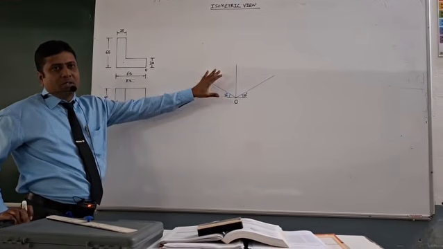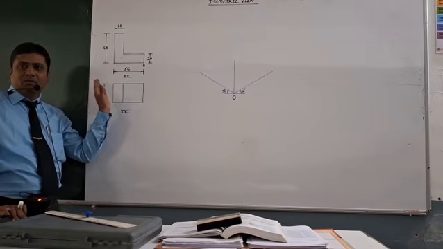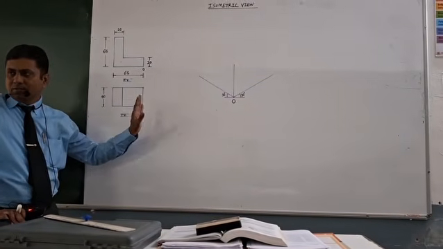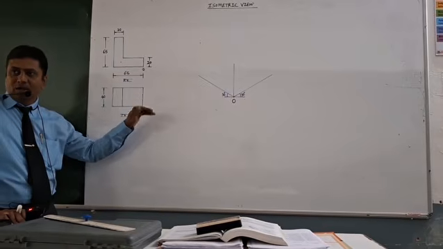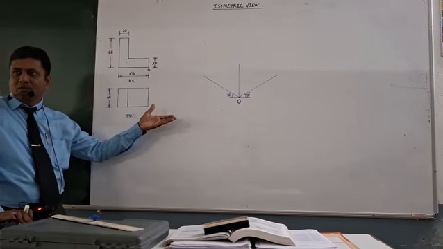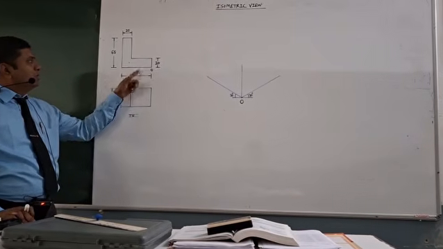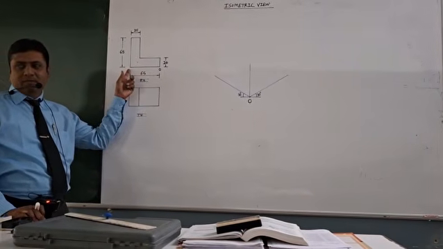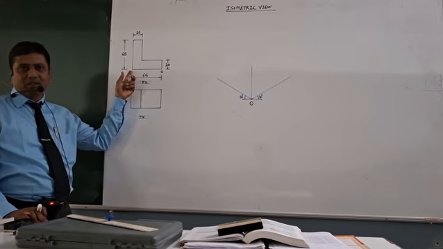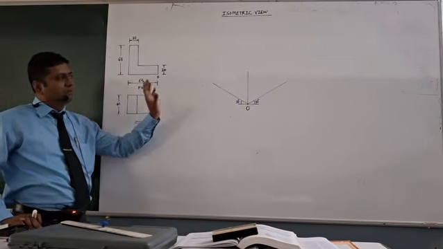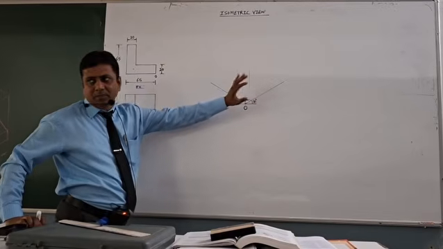We have to draw an isometric view, which means whatever dimension is given in the view, the same dimension you have to take, to draw a 3D object. So if the position of O is on the left side, then this front view will be inserted in the right plane.